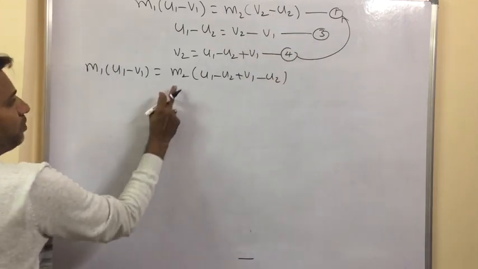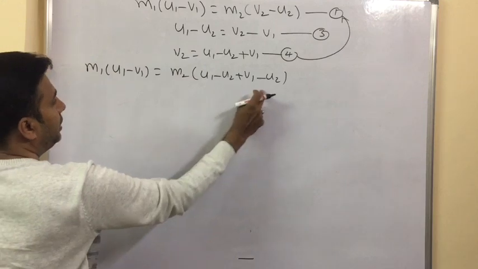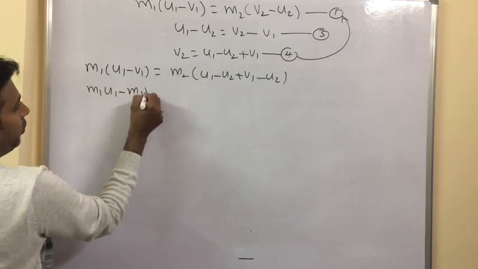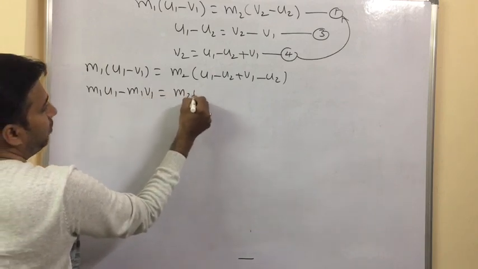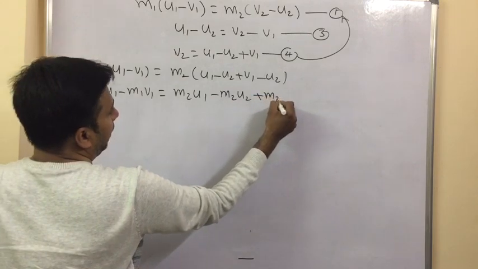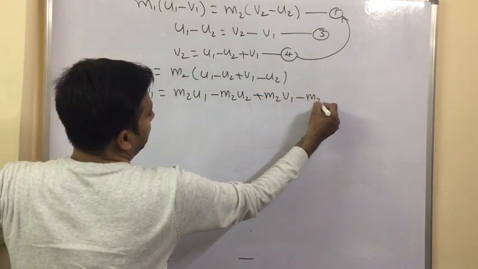Now we multiply m with each term here also. So m1u1 − m1v1 is equal to m2u1 − m2u2 + m2v1 − m2u2.